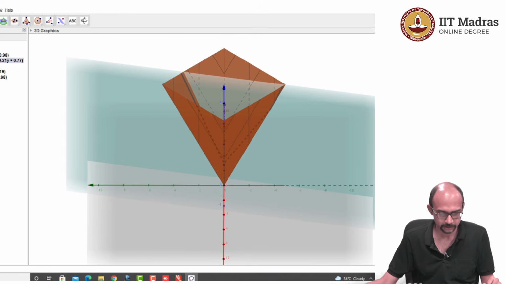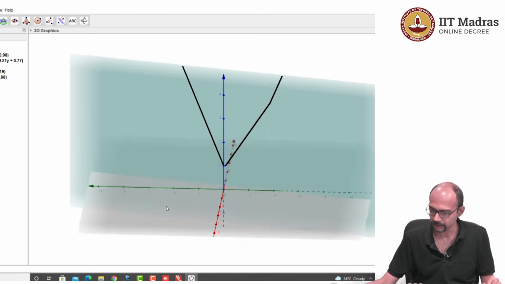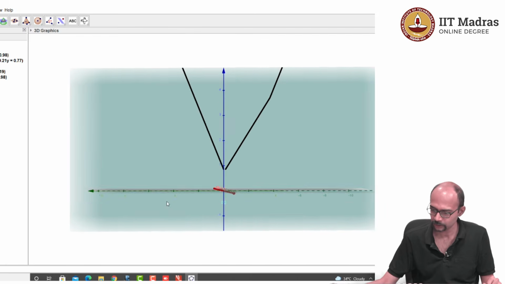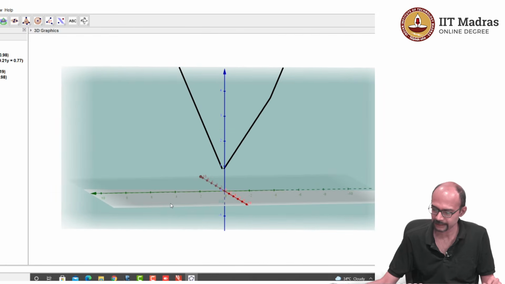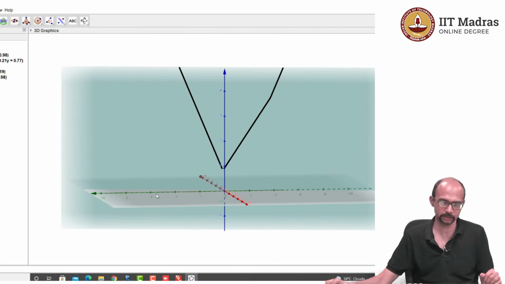I will remove the graph of the function. Here is how it looks like. Okay. You can see there is lots of edges, and at some point it's not even touching each other, and there are corners at various places. And as we move the plane, you will see that the graph has lots of problems.